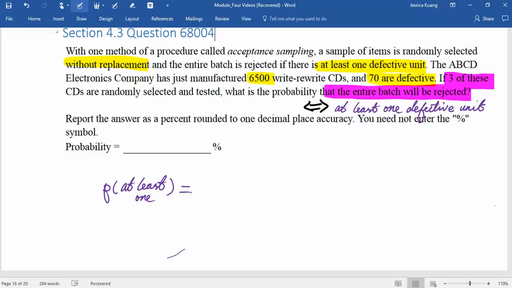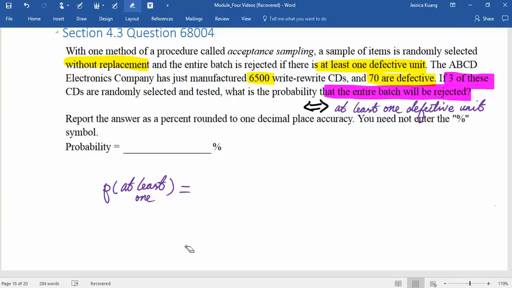And also we have to add the scenario where only one is defective, but which one? The first one, the second one, or the third one? So you see that calculation is actually a little bit complicated, and we won't learn it until module number 5.